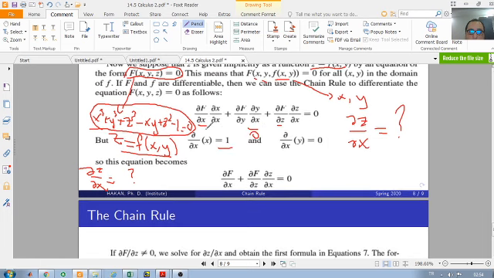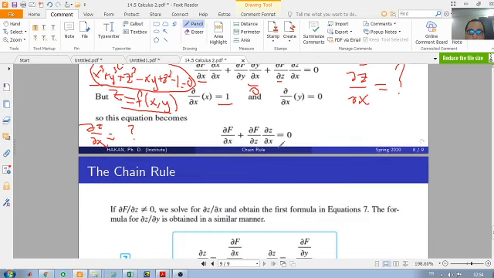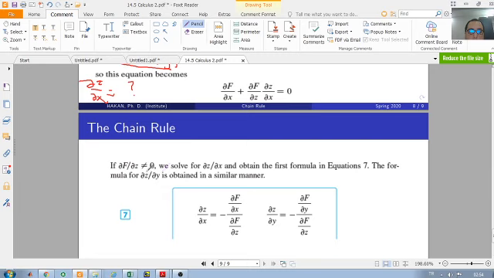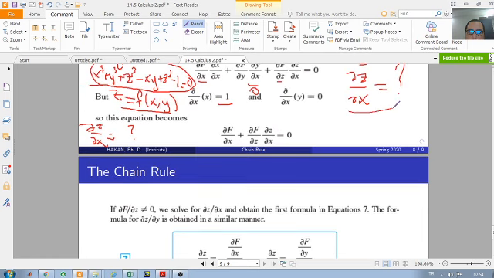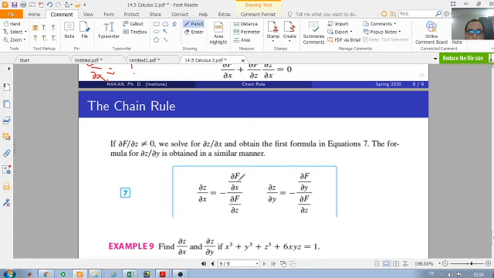So here we have just del F over del x plus del F over del z times del z over del x is equal to 0. And if del F over del z, the derivative of bigger F with respect to z, is not equal to 0, so we solve for del z over del x, because our aim is to find this one.